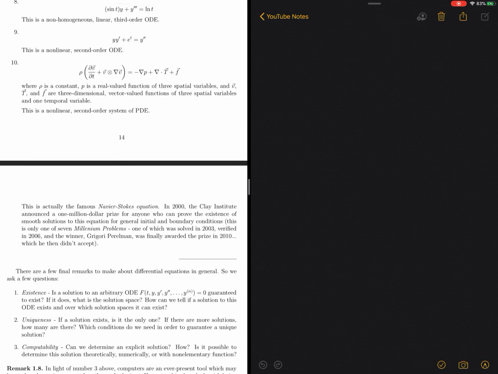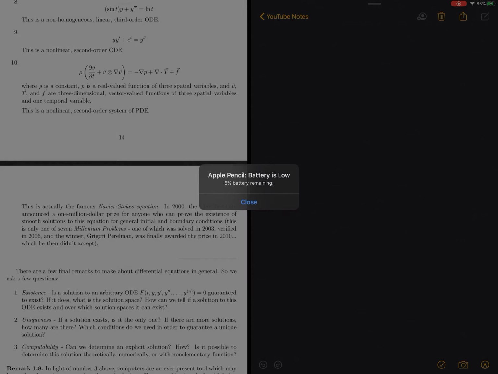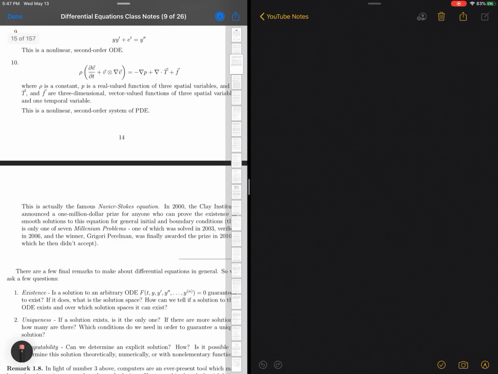We actually don't know if there is a solution to this system of PDEs. We don't know if there's a general solution, and for specific initial conditions, we really don't know. It's supposed to be really easy, but the nonlinearity really messes with this.